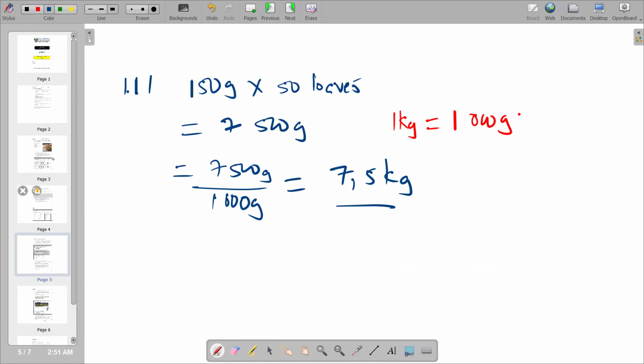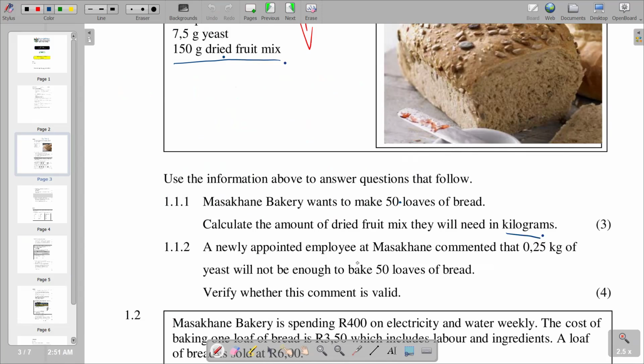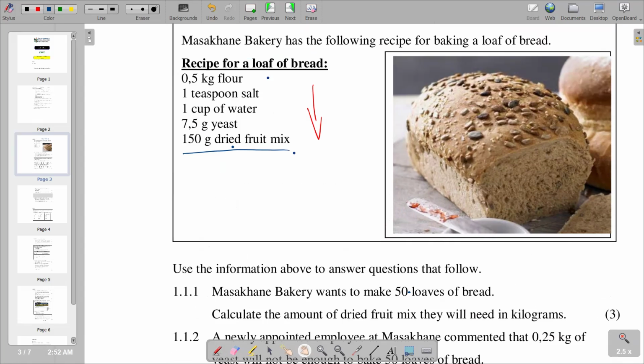So we go to the next part of our question, which reads, a newly appointed employee at Masakani commented that 0.25 kg of yeast will not be enough to bake 50 loaves of bread. Determine whether this comment is valid. So obviously, we need to verify if 0.25 kg of yeast will be enough to bake 50 loaves. We go to the information that we have here for one loaf, where we can see that the yeast we are given is 7.5 grams.